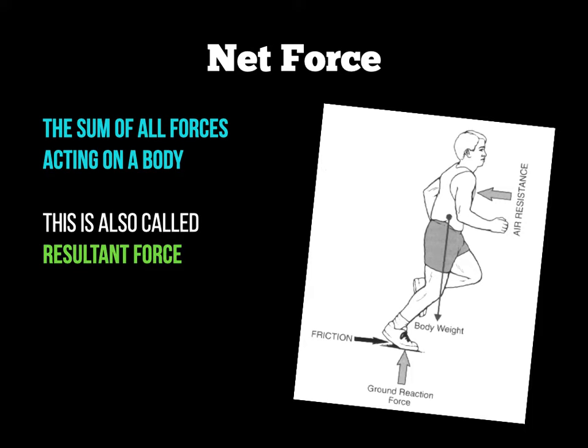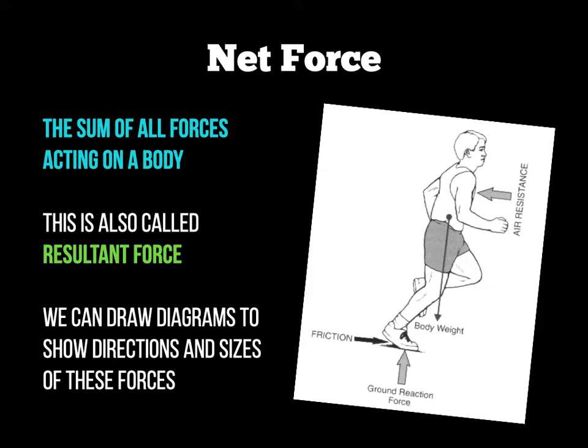Sometimes in the exam you might see that as resultant force, but they mean the same thing: net force, resultant force. And as you'll see in this screencast, we can draw diagrams to show how much force is being applied by the external forces in order to calculate net force.